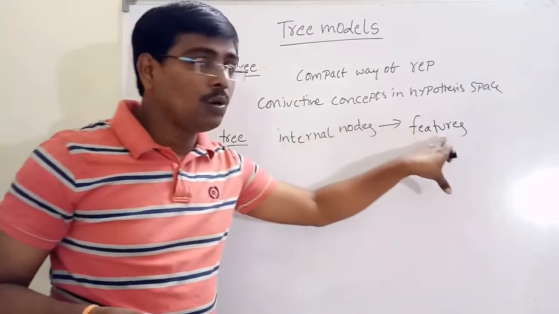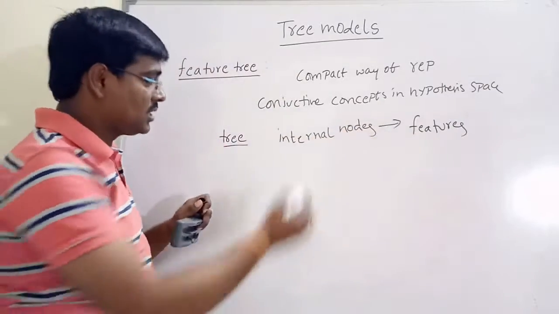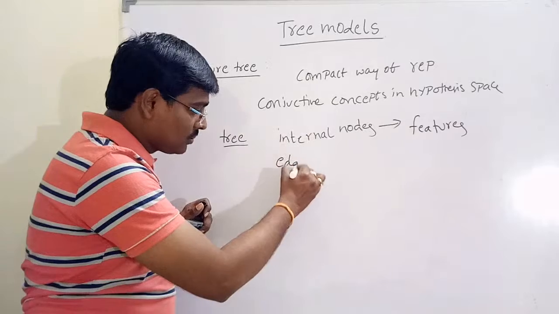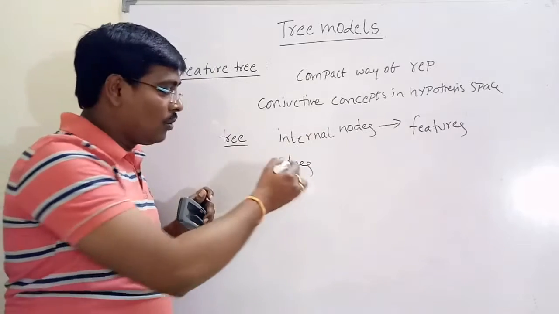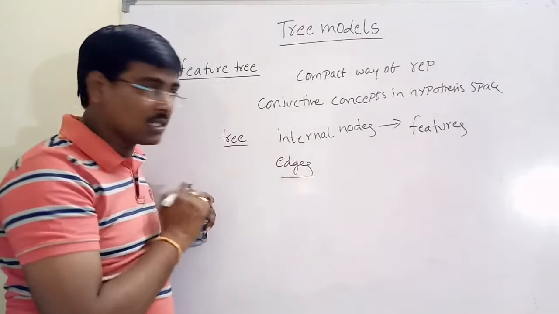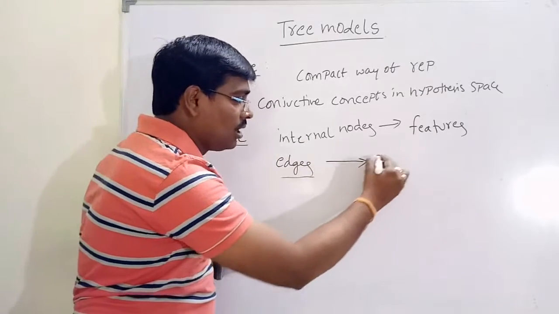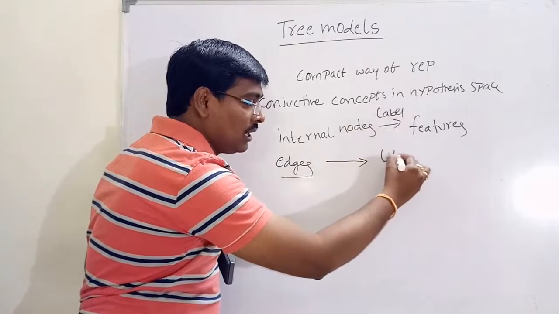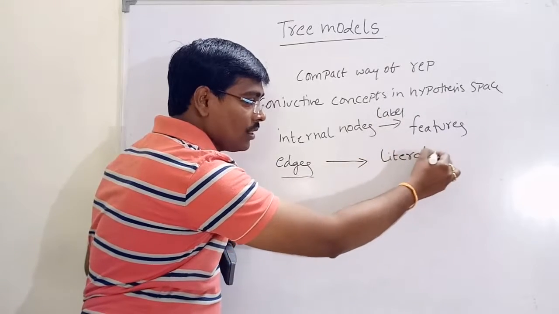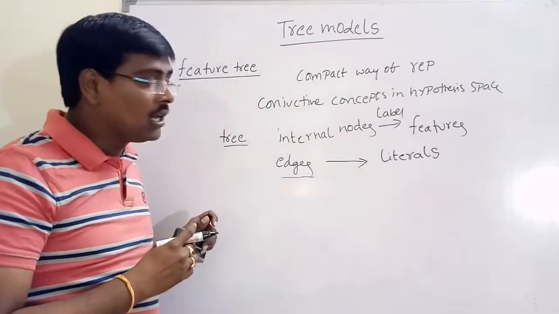The feature tree is a tree with a set of internal nodes. The internal nodes are labeled as features, and we have some set of edges. From one node to another node, we are drawing some set of edges. The edges are labeled with literals. Nodes are labeled with features.